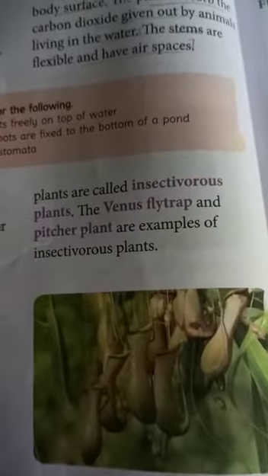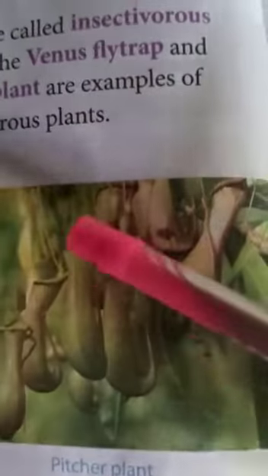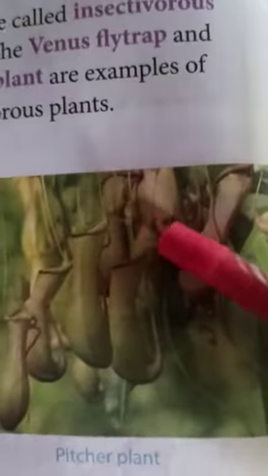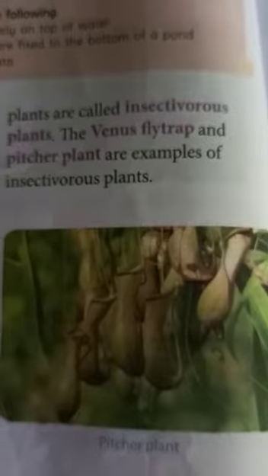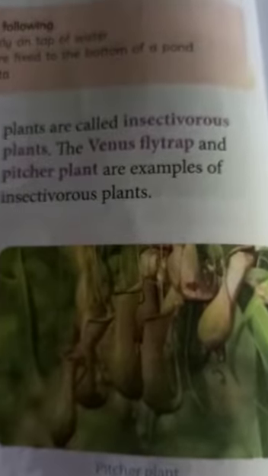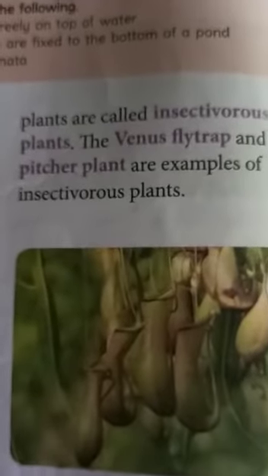Okay, then we have the pitcher plant. A pitcher plant is like a container, as you can see here, and it has a lid at the top of the mouth. This kind of plant always produces nectar. The nectar attracts insects, and when an insect lands on the wall, it falls down into the liquid, and the insect cannot get out of the container because the walls are smooth and slippery.